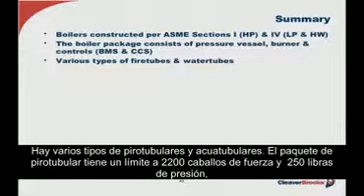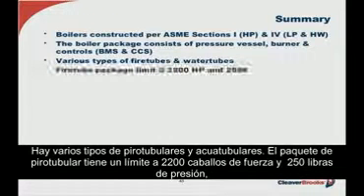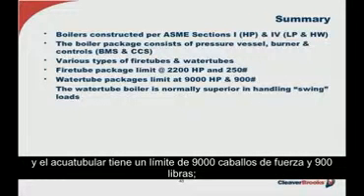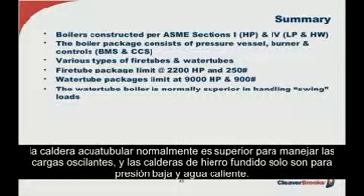There's various types of fire tubes and water tubes. We have a fire tube package limit of 2,200 horsepower and about 250-pound design pressure. Water tube packages to 9,000 horsepower and 900-pound design pressure. The water tube boiler is normally superior in handling the swing loads, as I went through an example before.